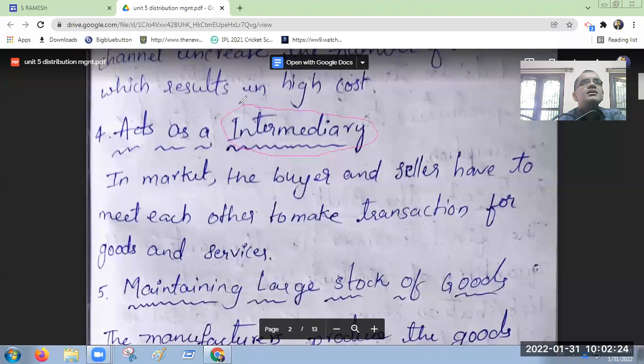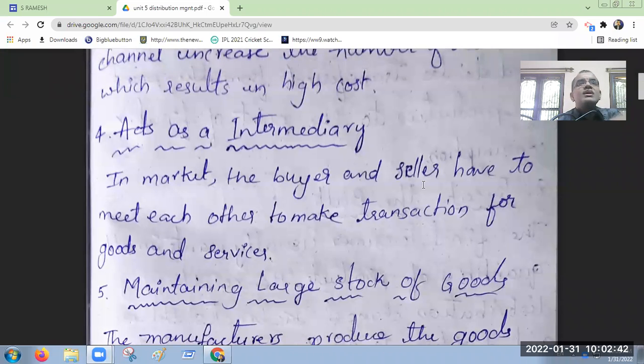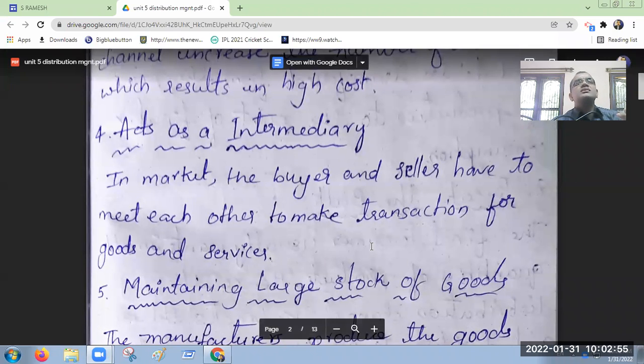That intermediary work will be done by the channel, without which goods cannot reach the ultimate customer. So in order to see to it that the consumers benefit, this channel of distribution is a must, and proper choosing is important.